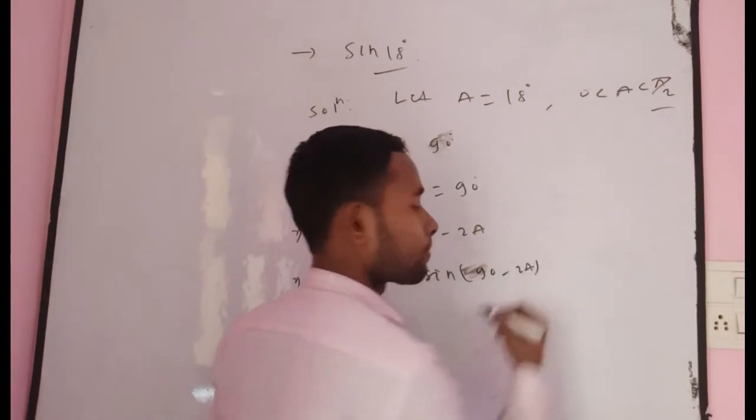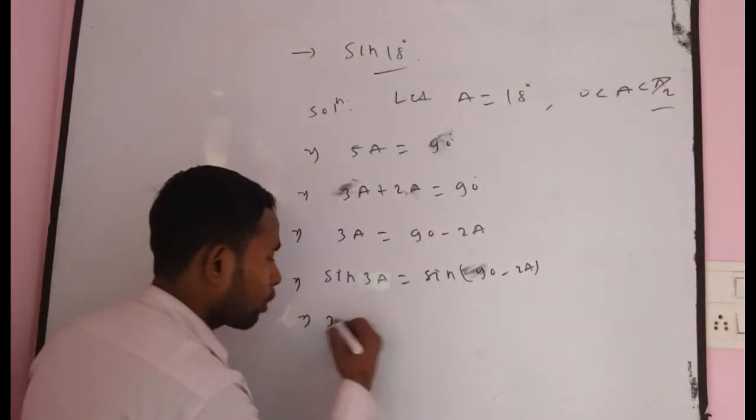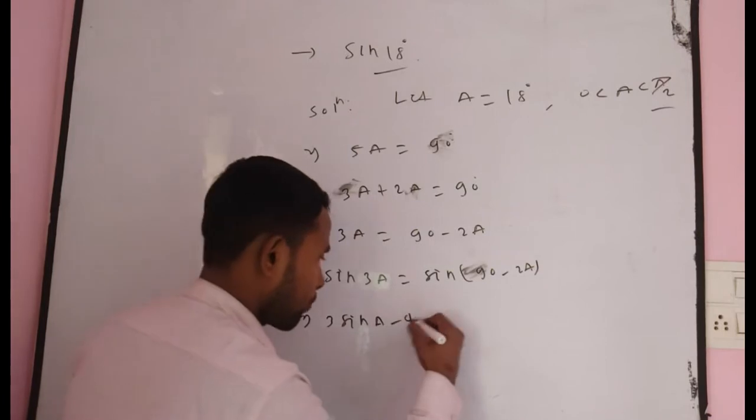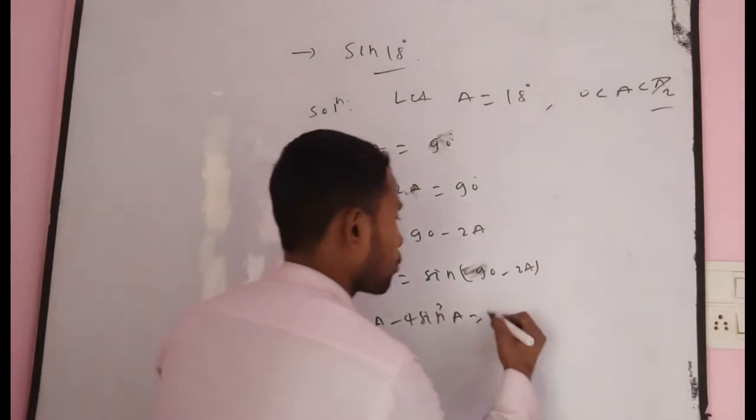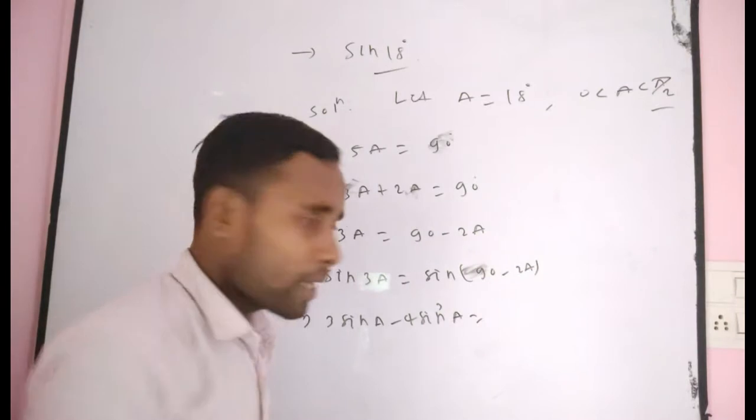Now sin 3A is equal to 3 sin A minus 4 sin cube A, which is equal to sin 90 minus 2A, which is equal to cos 2A.